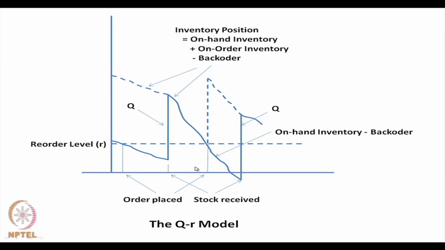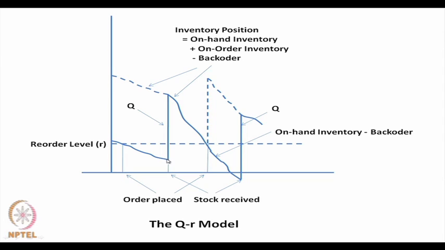There is no back order here, so it is 0, and the position is on-hand plus on-order. This arrival occurs because of a prior order that was placed some time back. Assuming no back order, the total inventory position was falling like this.